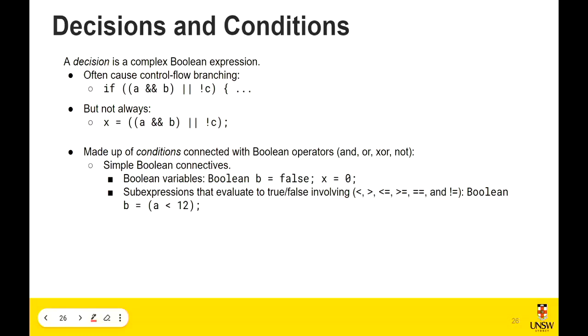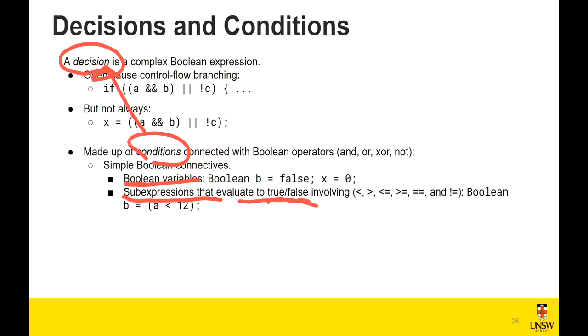The relation between decision and condition is that conditions make up decisions. So this is the relation here. You can consider a condition as a simple Boolean variable or sub-expression that could be evaluated to true and false with only one comparison operator.